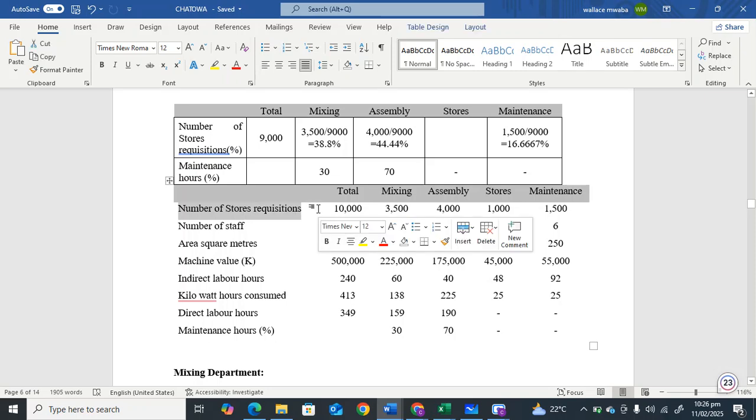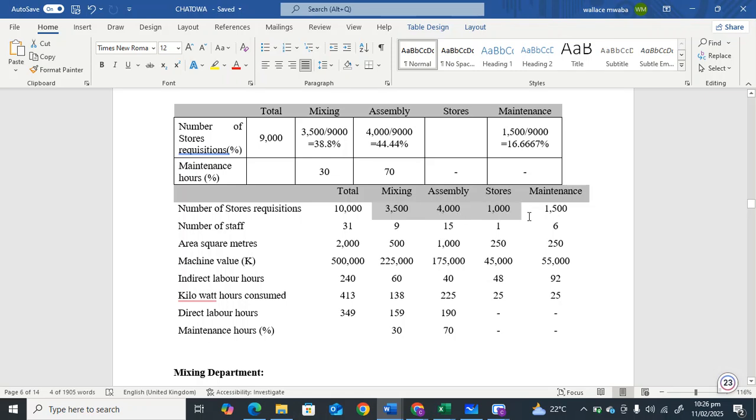Number of store requisitions. This is also the basis of apportionment that we're going to use to reapportion stores. So you can also take it as the service it is providing to the other departments. As you can see, all departments are covered with store requisitions.